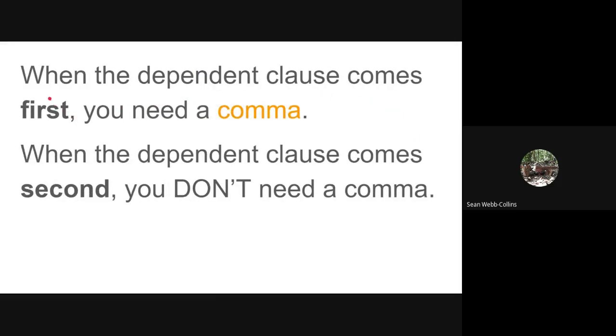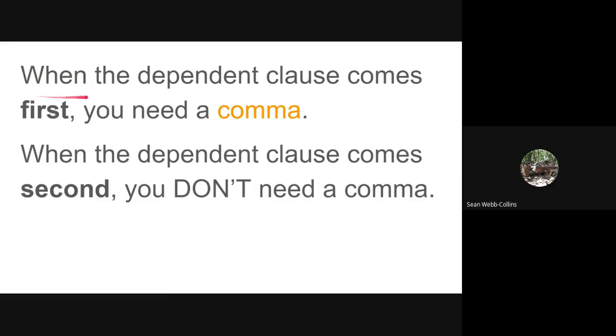As we just mentioned, when the dependent clause comes first, like we saw in the previous slide, you need a comma. And when the dependent clause comes second, you don't need a comma. We can notice this in these two example sentences, which both have dependent and main clauses.